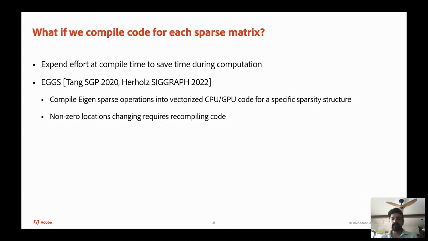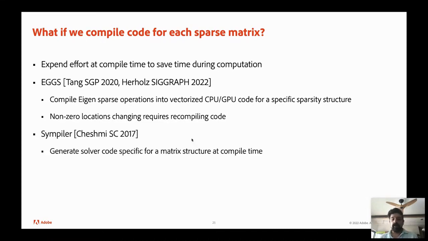In another vein, SimPiler, which was at Supercomputing in 2017, tries to generate solver code for specific matrix structures. This is really about direct solves for the most part, although we do support some iterative solves in this library.